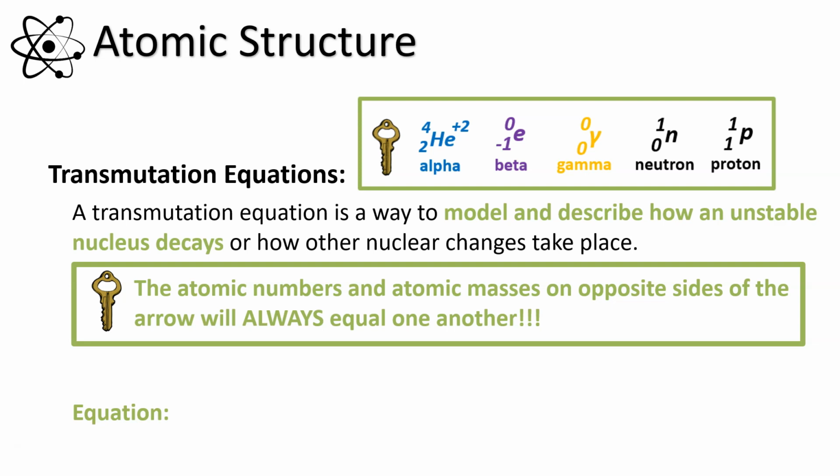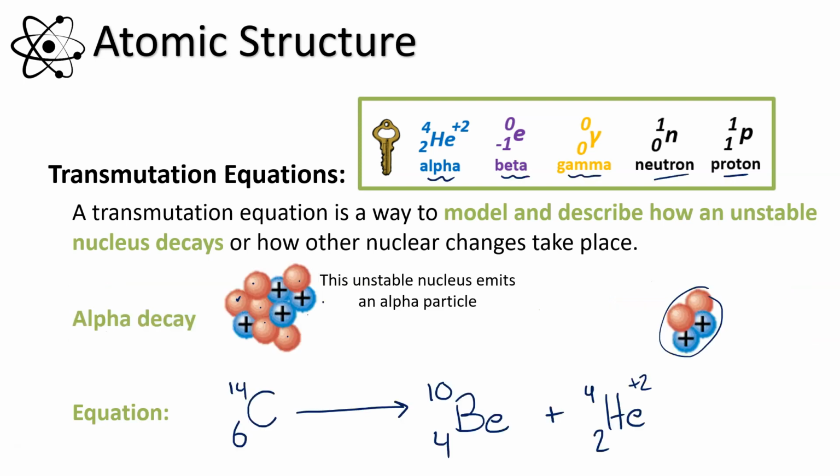One thing to note about these is the atomic numbers and the atomic masses on opposite sides of that arrow will always equal one another. If I go back so we can see that, I'll highlight it in a different color. This is very helpful when it comes to writing these things yourself. What it means is, before the change, I had a total of 6 protons, and after the change, I had that exact same 6 proton total.